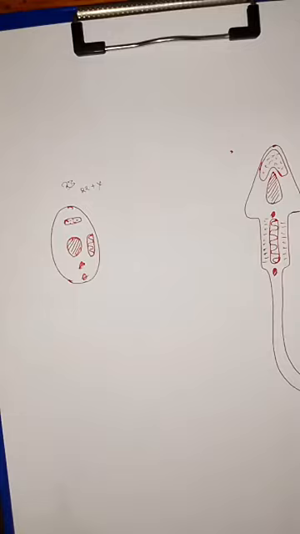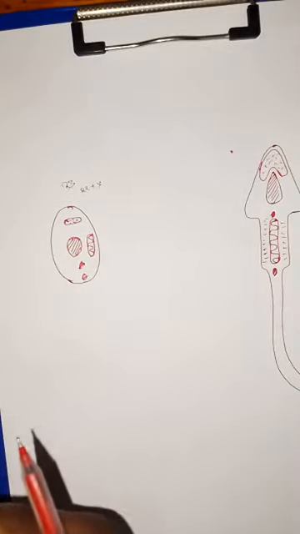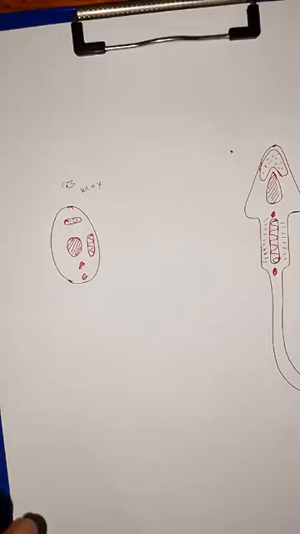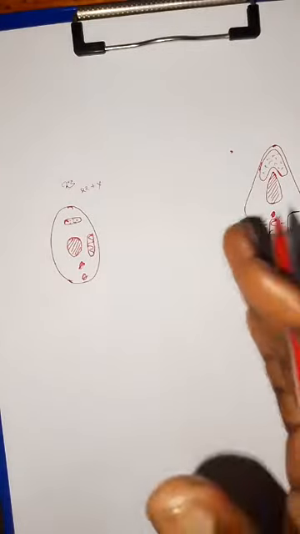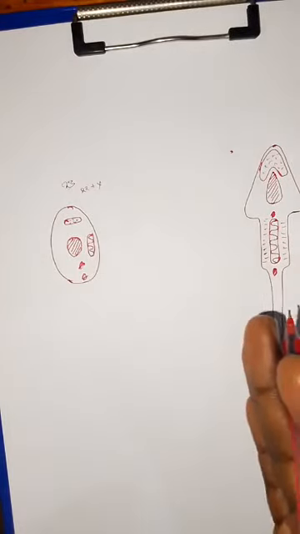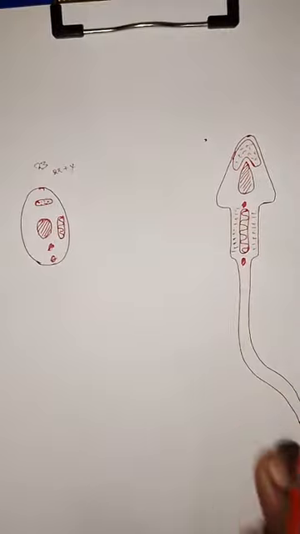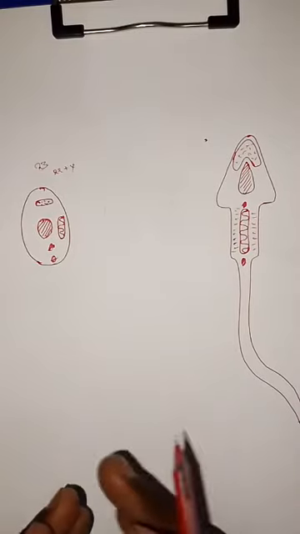These events will involve changing of its structure, as well as changes in its intracellular components, that will form something that is going to support the whole function and activity of the sperm cell that is required for the process of fertilization.